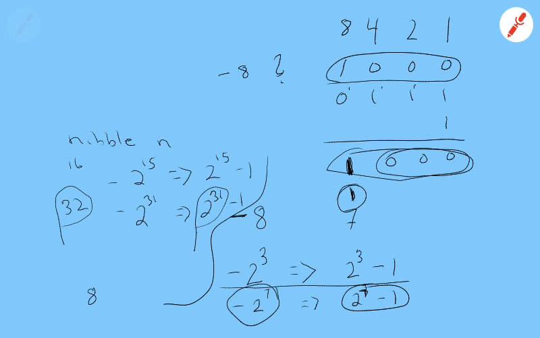Know that the sign bit can be clobbered. When your number gets too big, all of a sudden it becomes a negative. And that's not the answer that you want. Okay, that's enough working with bits to represent negative numbers.